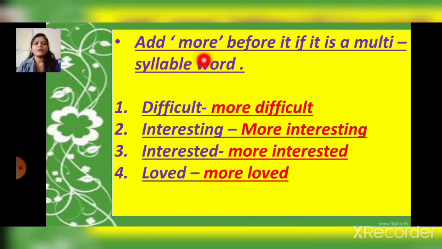Add more before it if it is a multi-syllable word. So here in comparative degree we are also using more to compare things. For example, difficult, more difficult. Interesting, more interesting. Interested, more interested. Loved, more loved.